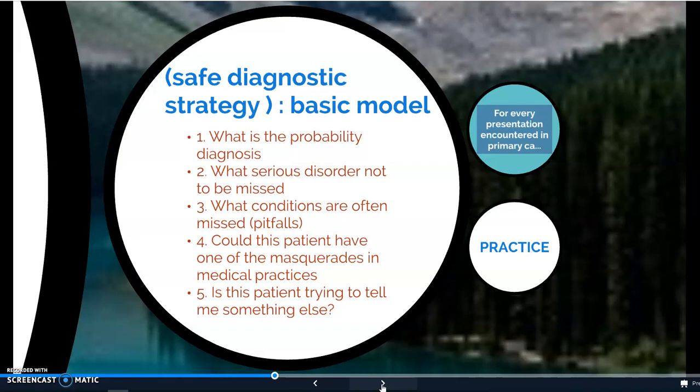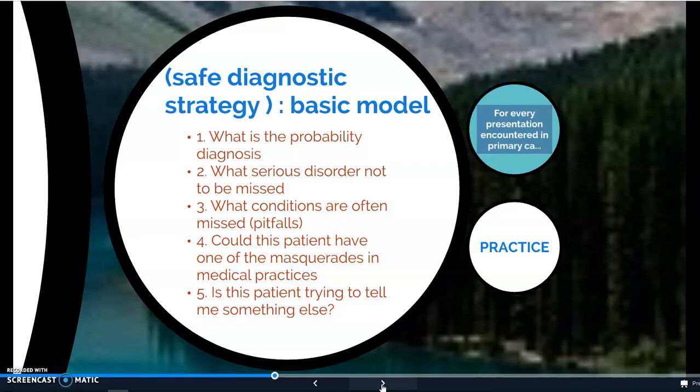What are the answers for these 5 questions? Basically, these 5 questions are differential diagnoses to make sure that you are safe and your diagnosis is correct and you are not missing things. Okay?